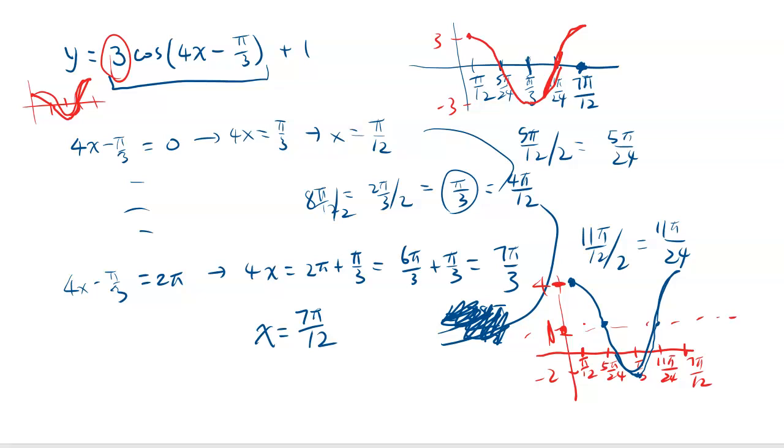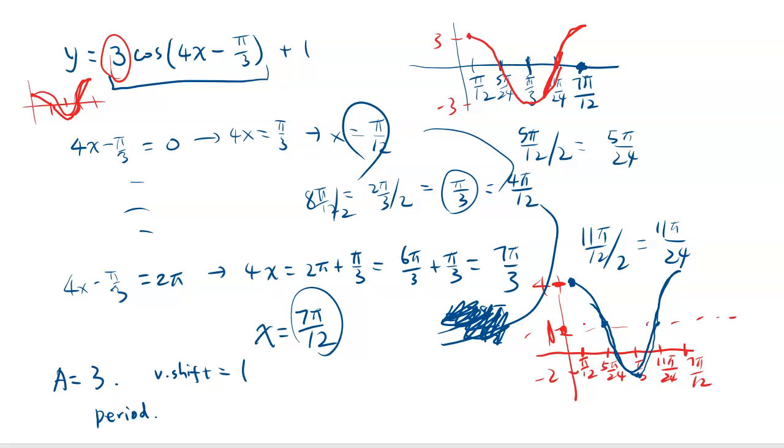So that's the graph. Now there are some other important things that you have to know along with drawing the graph. Amplitude is this number in front, as I said. Vertical shift is this number here, which is 1. The period would be the difference between these two numbers, right? These two numbers.